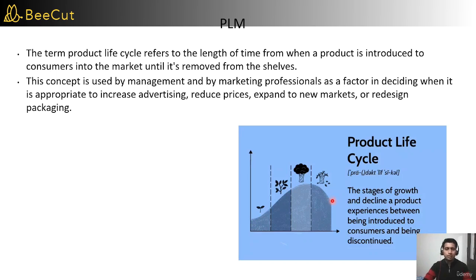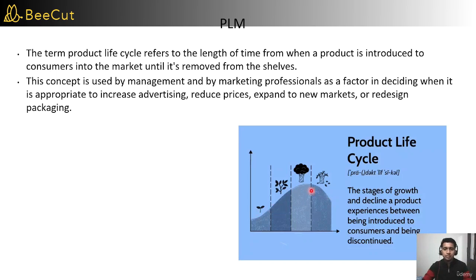So there can be two reasons. One reason is that the market has chosen not to buy this product, or the company is planning to stop the sale of that product because they are launching a new product for it. So both can be the reason. The market can be the reason or the manufacturing can be the reason.